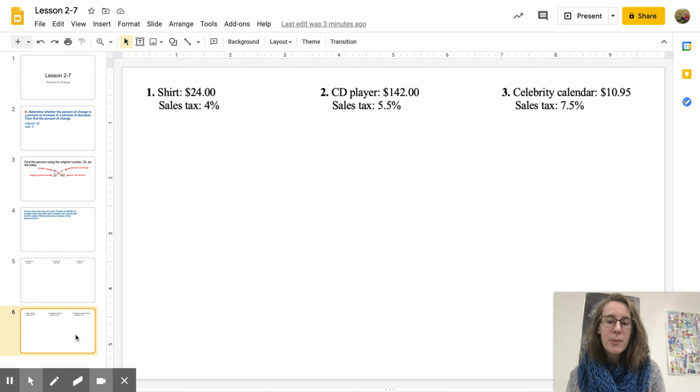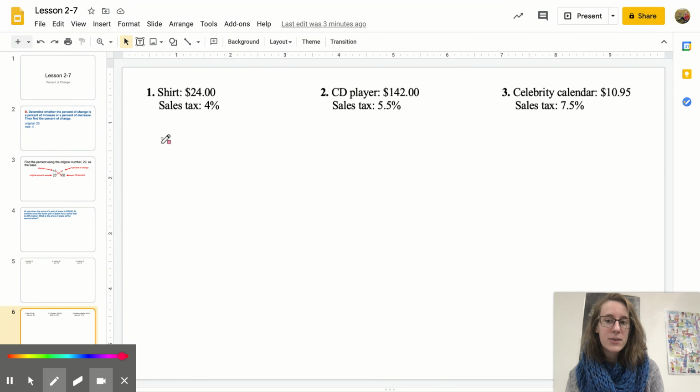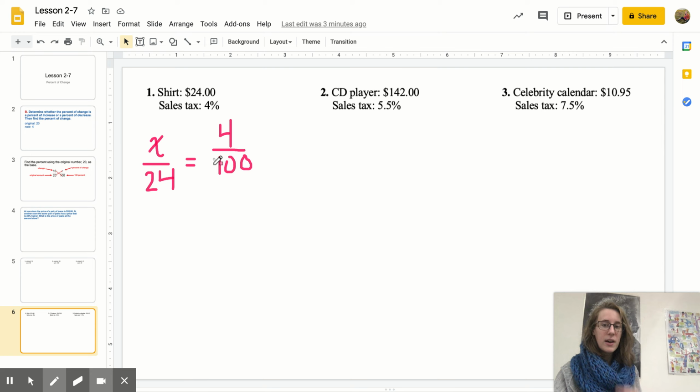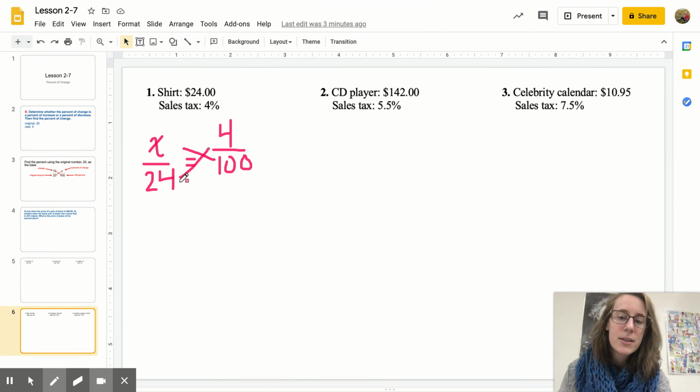So I don't know the part here. I know what I'm starting with, so I don't know my part. I'm going to call it X. I usually call unknowns X. And that's over 24. Then my sales tax was 4%. 4% can be written as 4 over 100. And now we can find cross products to find what our percent is.